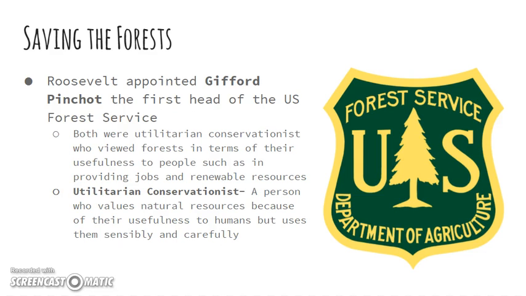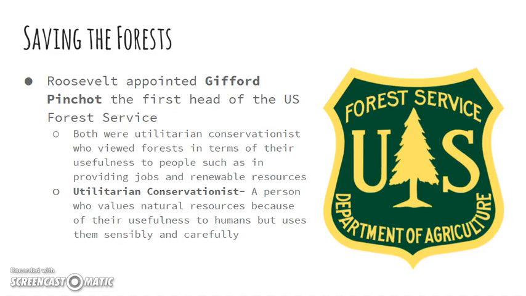So the utilitarian conservationist is a person who values natural resources because of their usefulness to humans, but uses them sensibly and carefully. Anyone in this room can be a utilitarian conservationist.